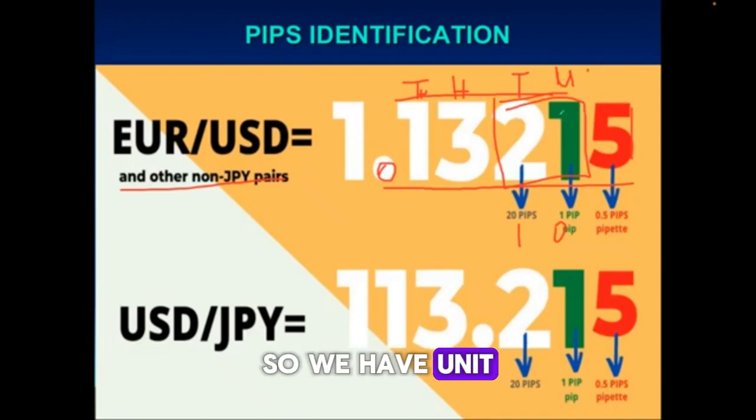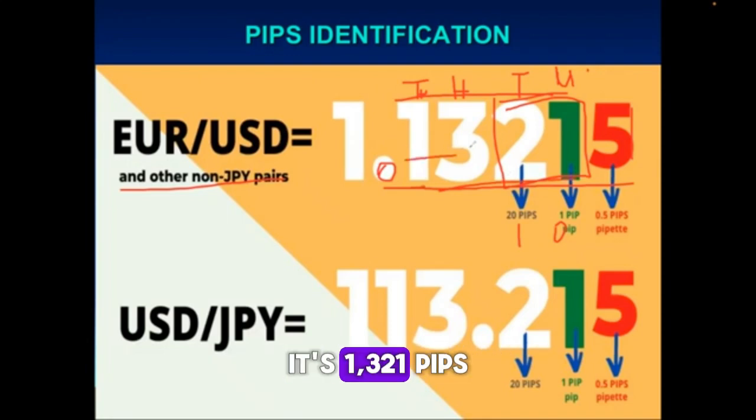A pip can be between 1 to 9 pips, but when it goes to this side, you can start from 10 to 99 pips. 1 more pip added to it will make it 100. So guys, this one now is 321 pips. And if I take it from this side, it's 1,321 pips.